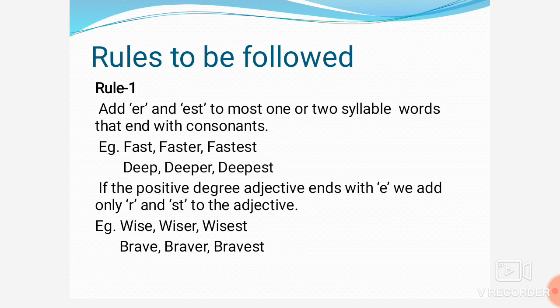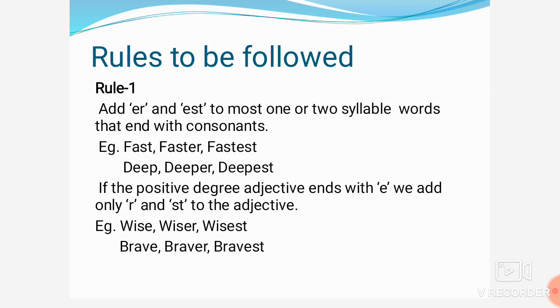For example, fast. F-A-S-T. A is a vowel and it ends with the letter T, which is a consonant. So when you change it to comparative, it becomes faster, and superlative becomes fastest. Deep, deeper, deepest.